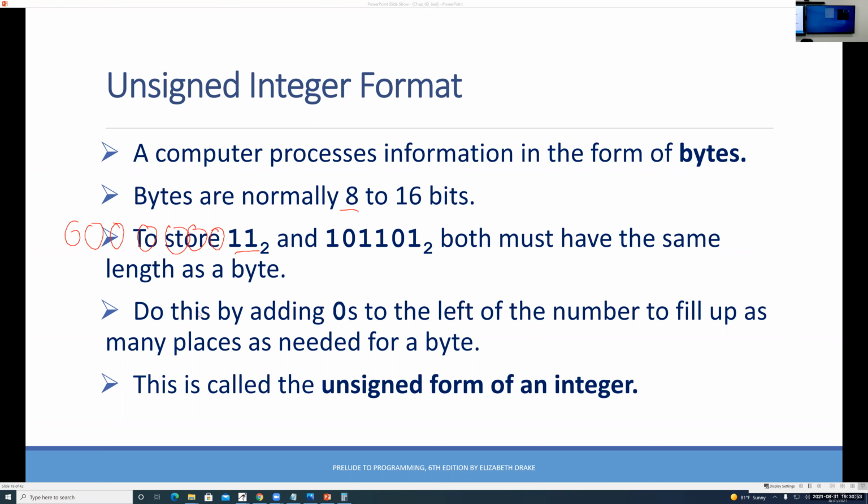The same as this one: you have 1, 2, 3, 4, 5, 6 digits, so you have to insert two 0s here to make it up to 8 bits. This is called the unsigned form of the integer. You cannot use it for negative numbers, only whole numbers. It's a non-negative format.